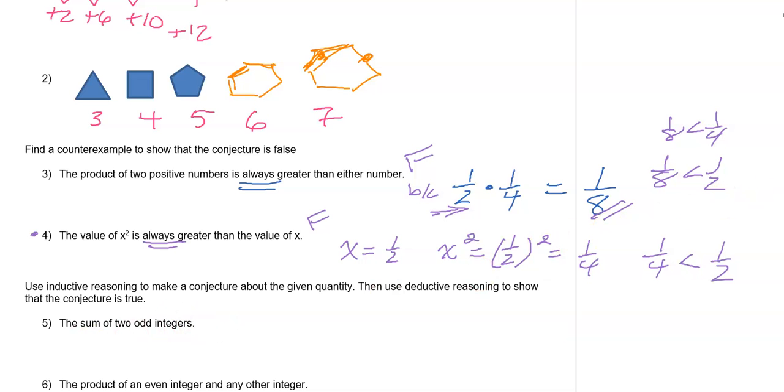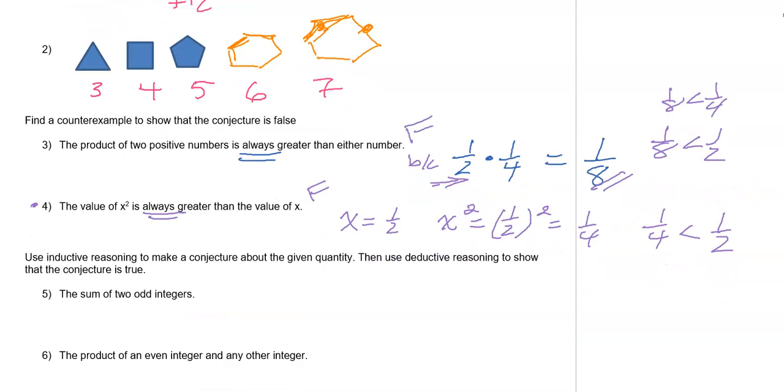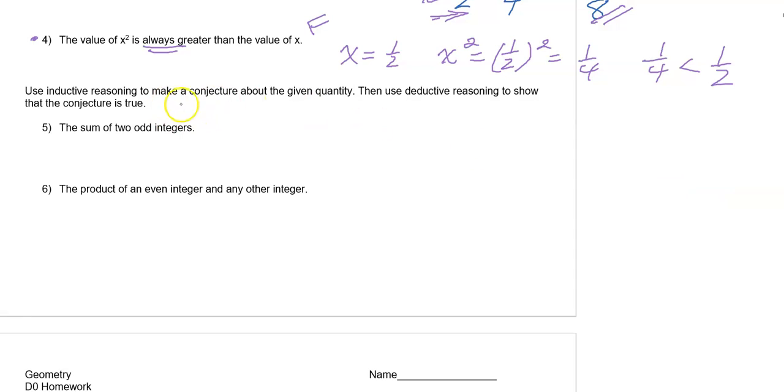All right, last piece, real fast here. Inductive reasoning to make a conjecture about this, and then deductive to show that it is true. So I have the sum of two odd integers. If I have 3 plus 5, it's 8. If I have 5 plus 13, it's 18.